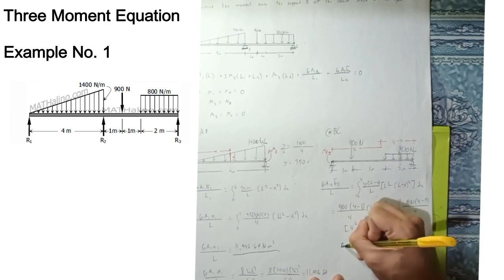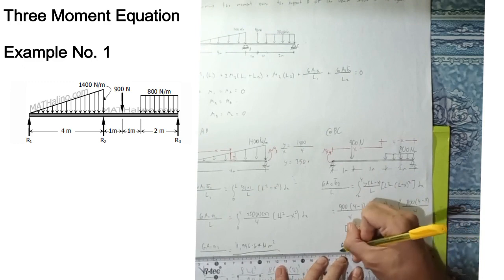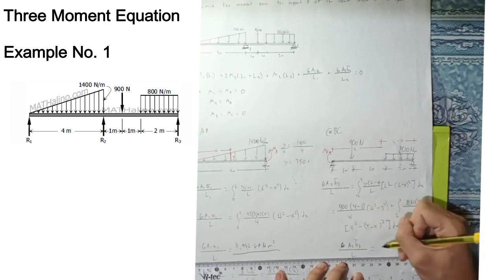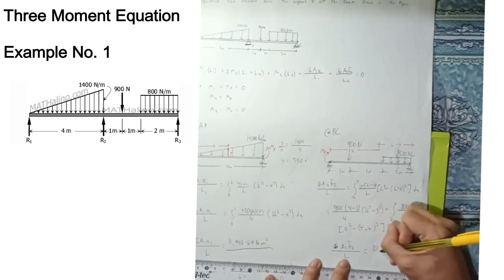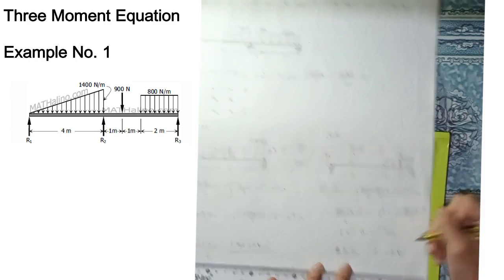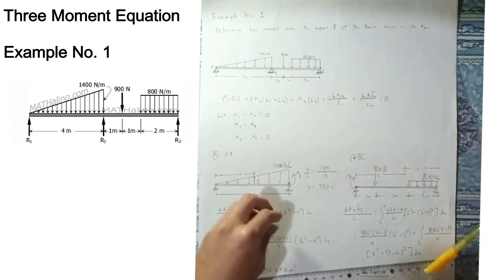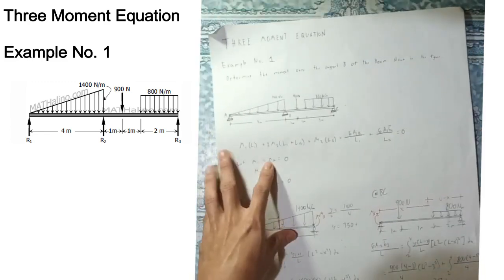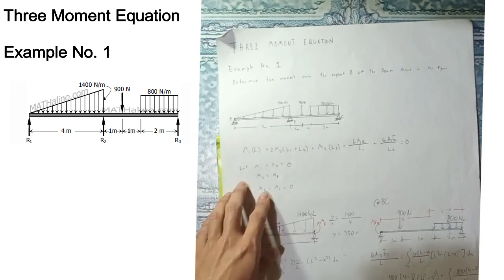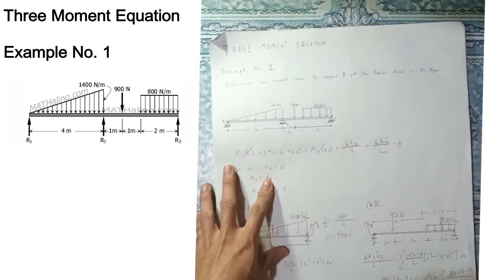So 6A2 B2 bar over L is equal to 10,325 Newton meter squared. Tapos, ato lang i-plug ulit dito sa formula. So, since MA, M1 is 0, and M3 is 0, this is cancel.